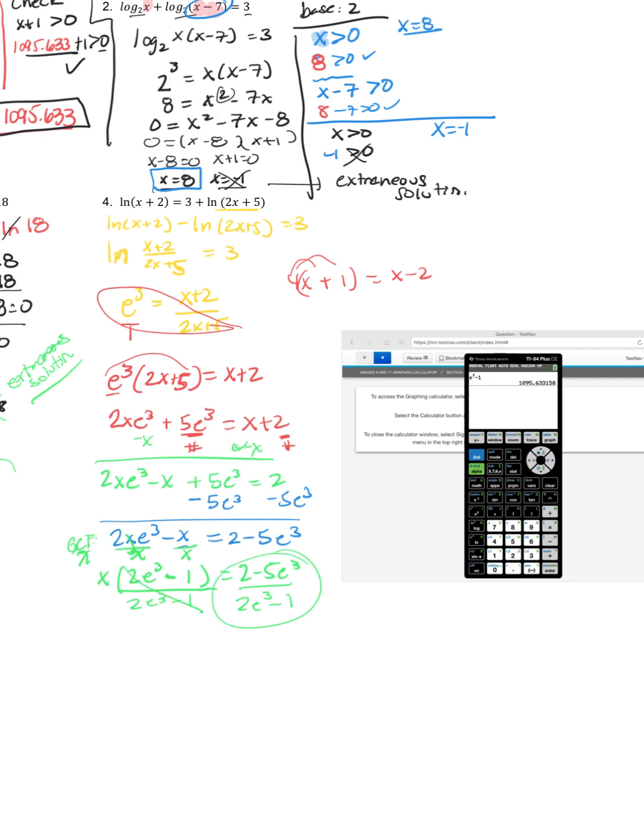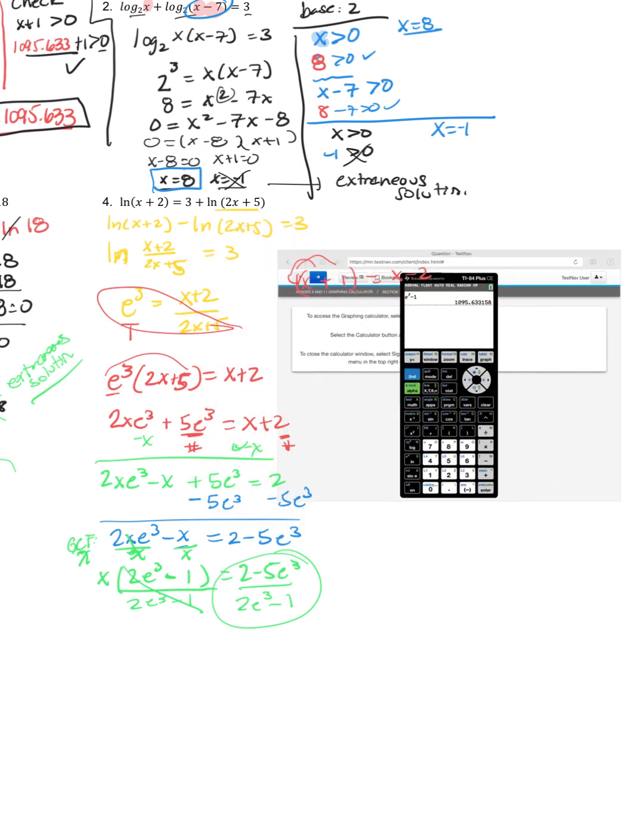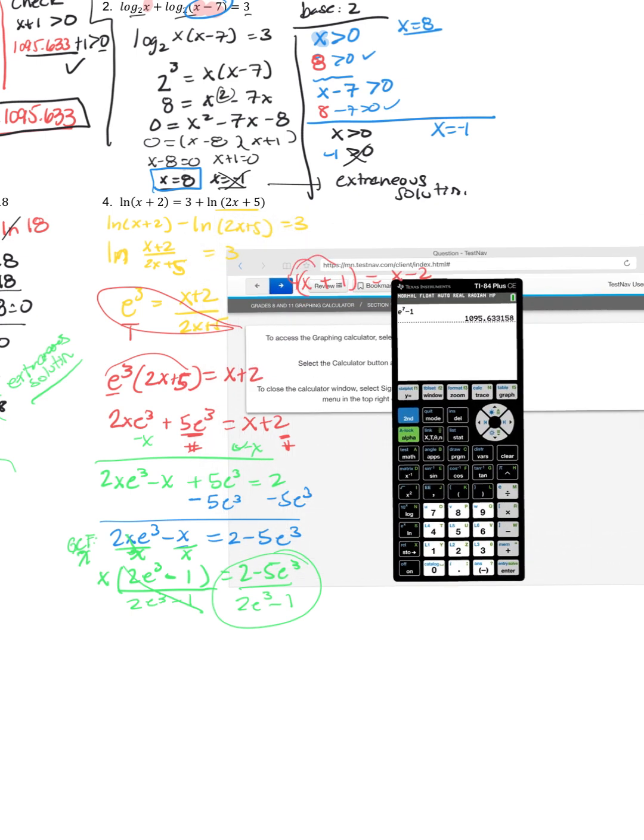Now I want to see what that equals, so I'm going to go to my calculator. If you don't use a fraction key, then you're going to do 2 minus 5. Make sure that you are using parentheses. It will not work. You will get a different answer if you don't.